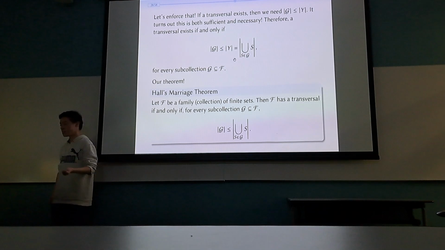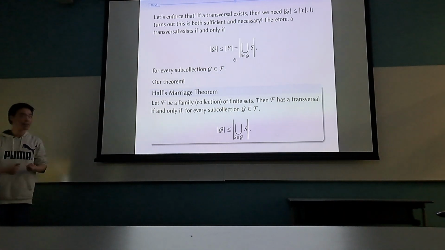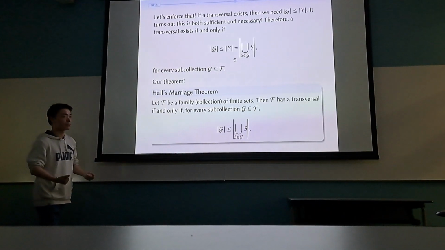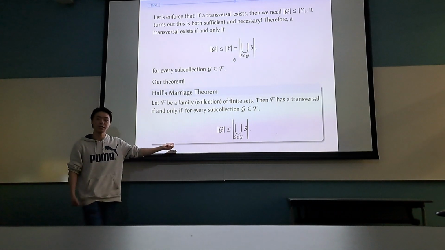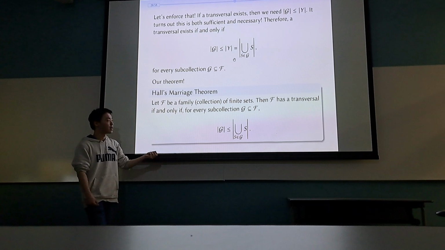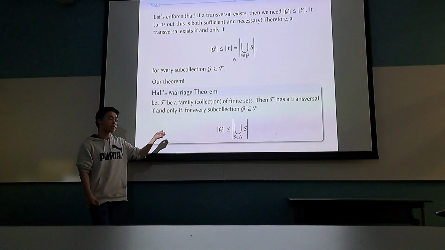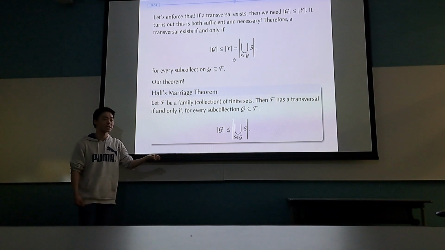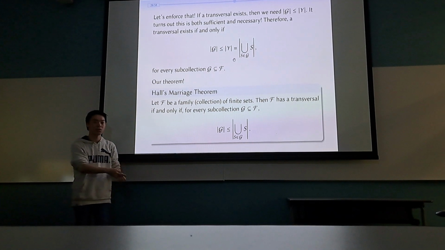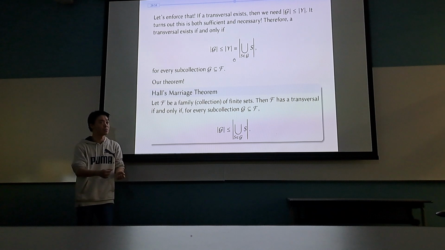Hall's marriage theorem tells me that if I have a family F of finite sets, then my family F will have a transversal precisely when, for every single subcollection G that exists, the size of G is at most the size of the union of all of the elements in the sets of G.